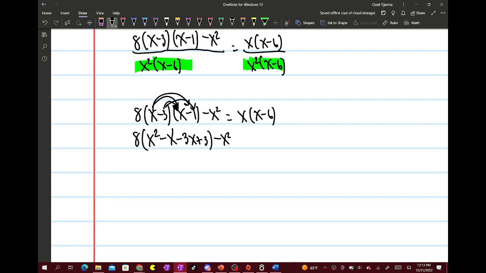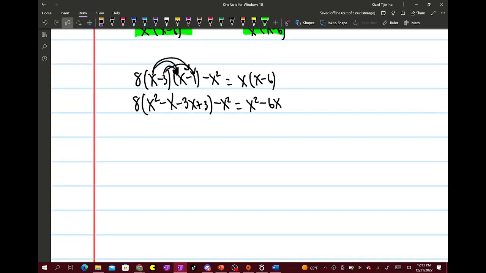And then this will be x squared minus 6x. So then this is going to be 8 times the quantity x squared minus 4x plus 3 minus x squared equals x squared minus 6x.